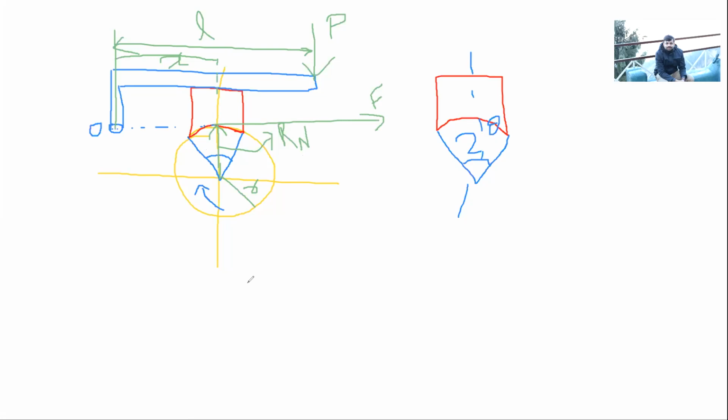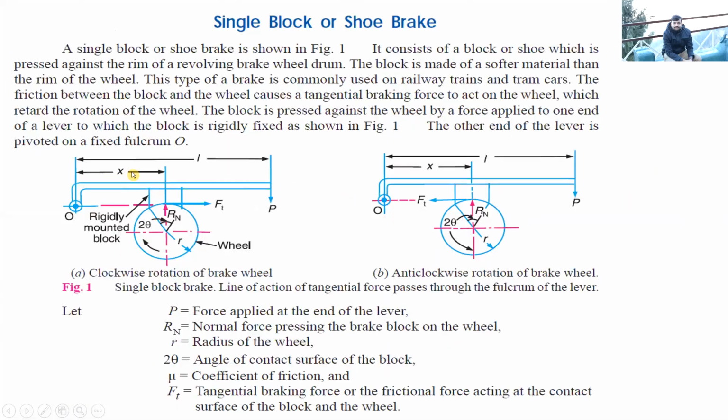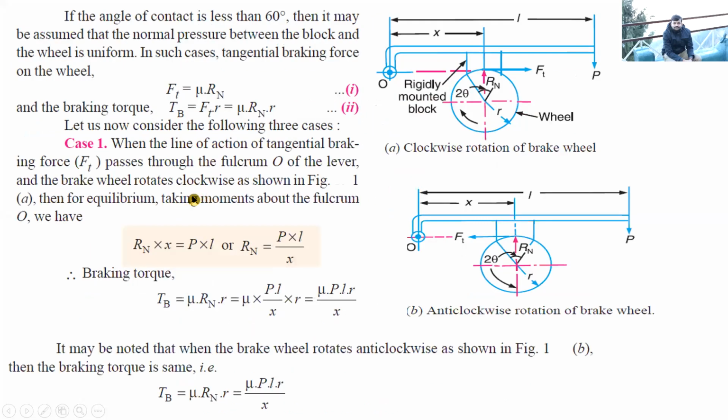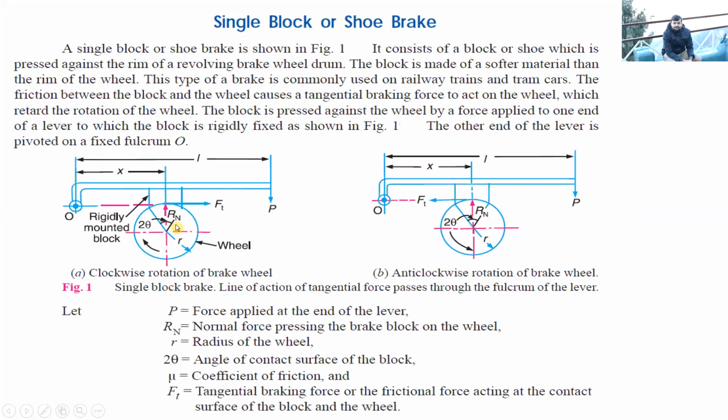Now let's go back to this. So this is distance x, this is distance L, the distance of the line of action of this force P, and this is the fulcrum point, which is O. And the normal reaction is Rn, and the angle of contact of this block is 2 theta.